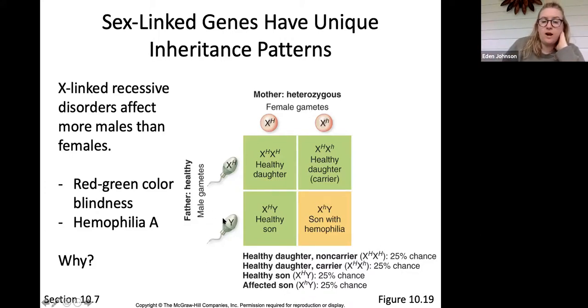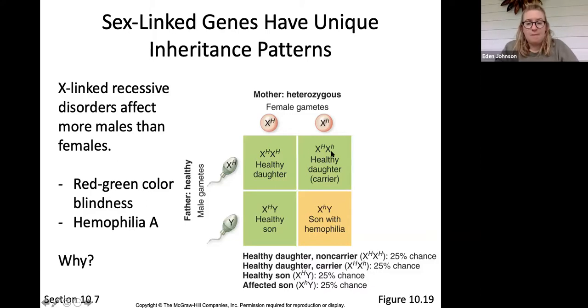So whatever is over here will not be able to mask what's over here because they're completely different chromosomes. So examples of X-linked recessive disorders are red-green color blindness and hemophilia A. And it's because he only has a single X chromosome.